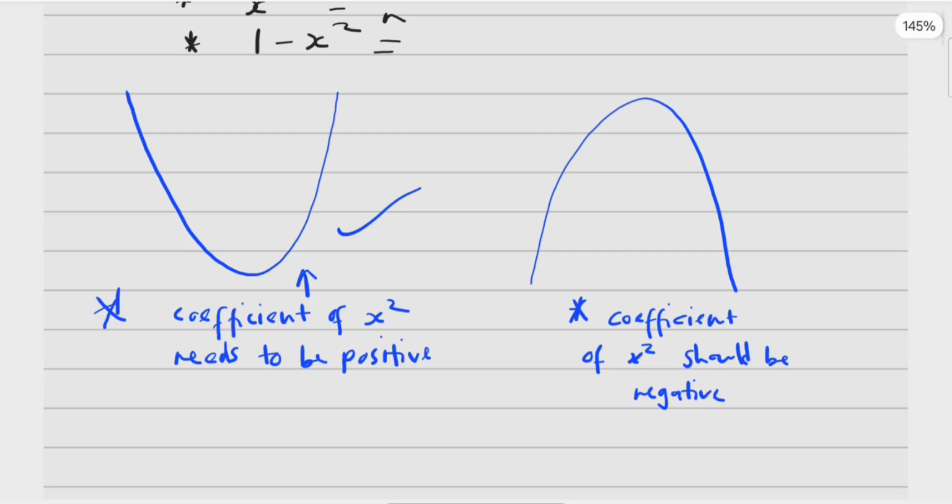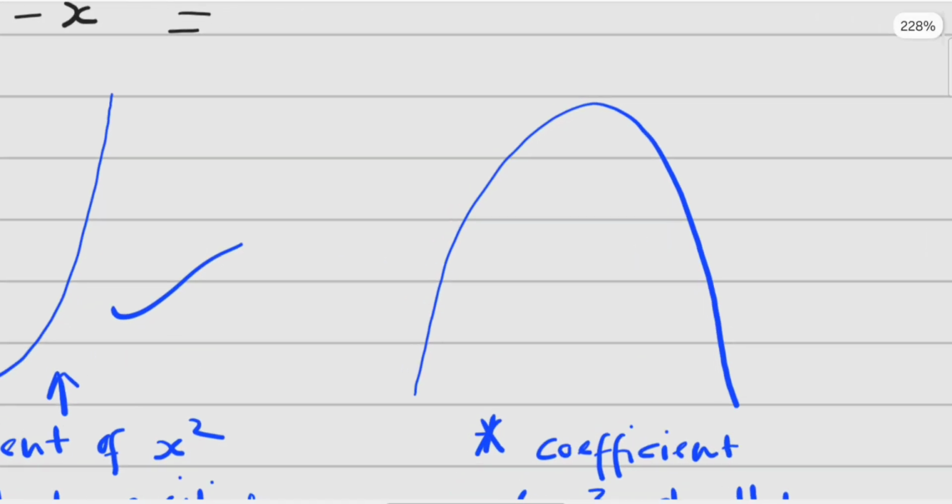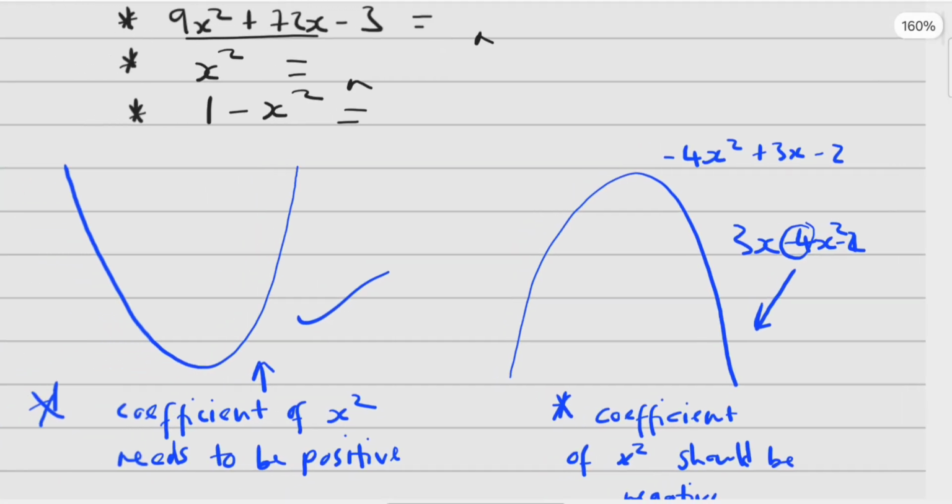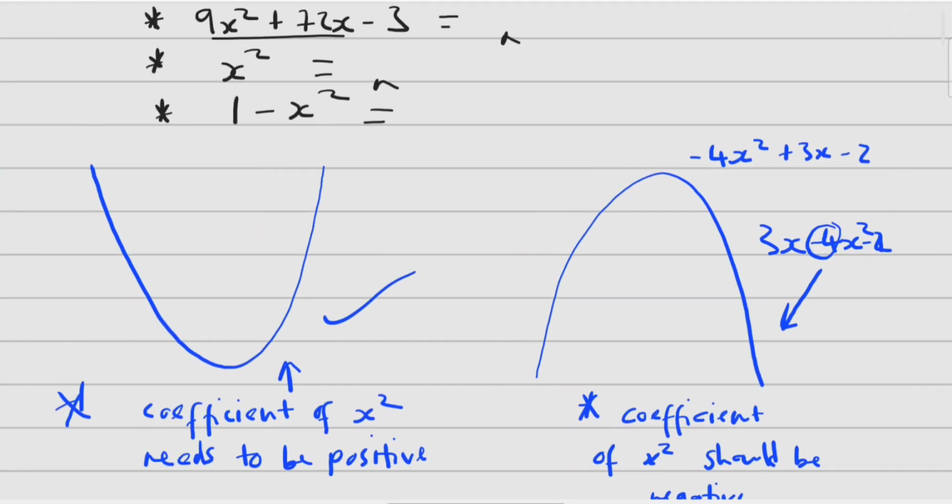So if we're having a quadratic expression with a negative coefficient of x squared, for example, minus 4x squared plus 3x minus 2, or we can write it as 3x minus 4x squared minus 2, this will give us a shape like this, but keeping in mind that the graphs are always parabolas.